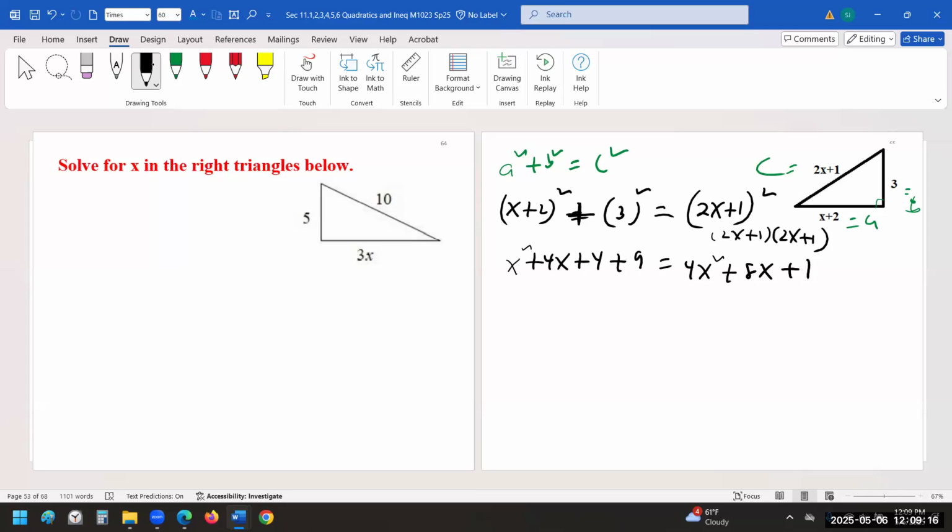This 4x squared is bigger, so let me keep this side, but subtract this. So we have minus x squared, and then we have minus 4x. If you combine these two constants, 4 plus 9 gives us 13. So we subtract 13 from both sides. So this cancels out. We have 0 equals 3x squared plus 4x minus 12.